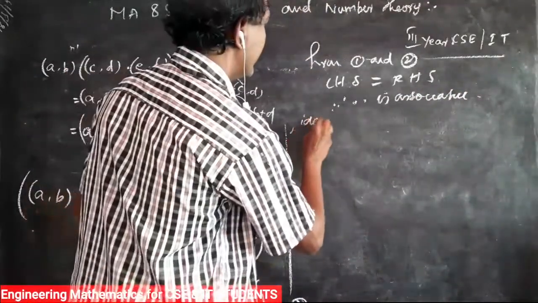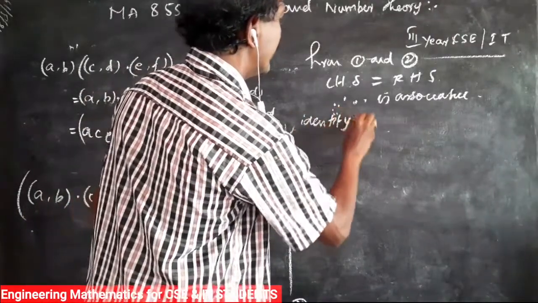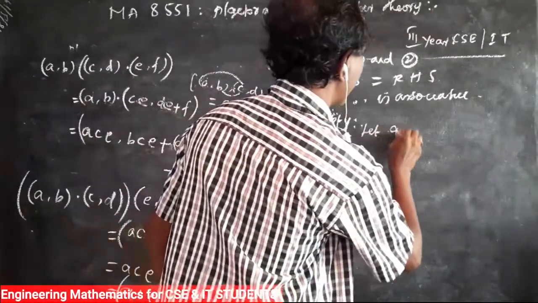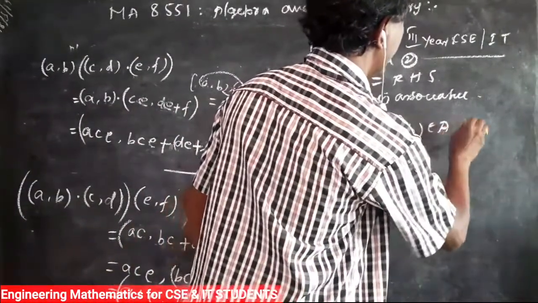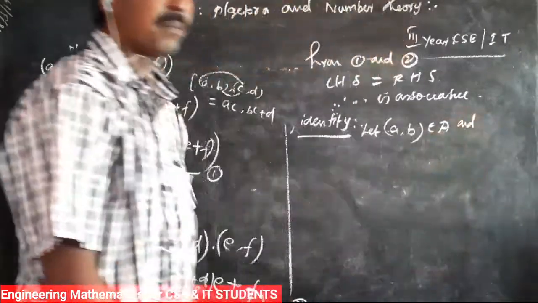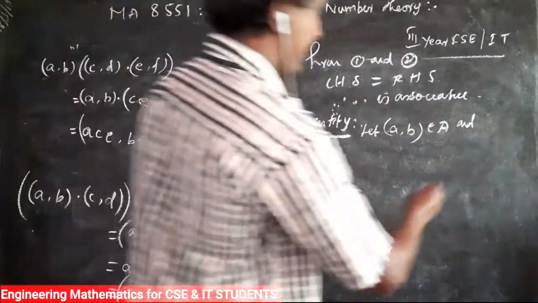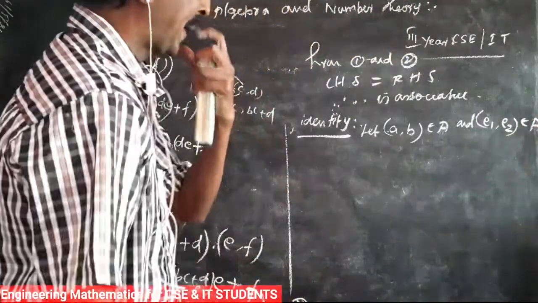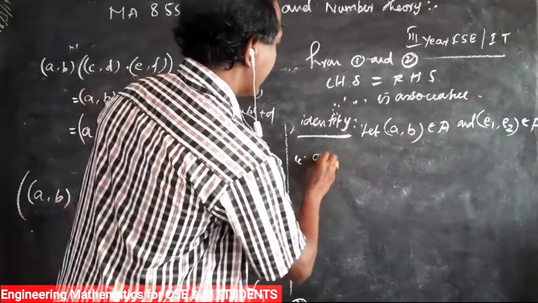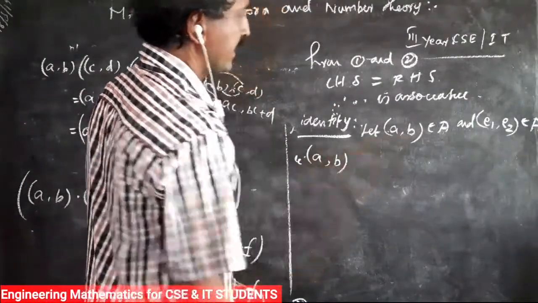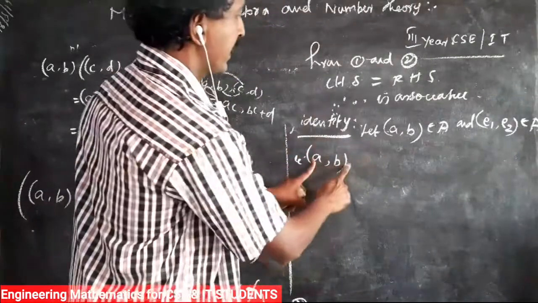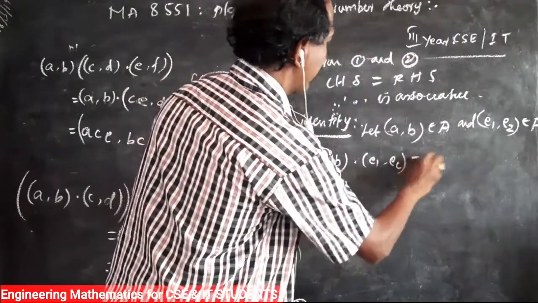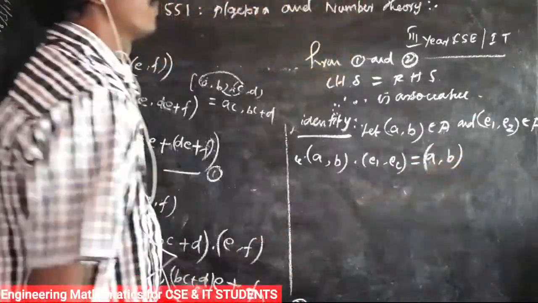Now identity. Let (A, B) belong to A and (E1, E2) belong to A. The identity property is A star E equal to A. So (A, B) star (E1, E2) equal to (A, B).